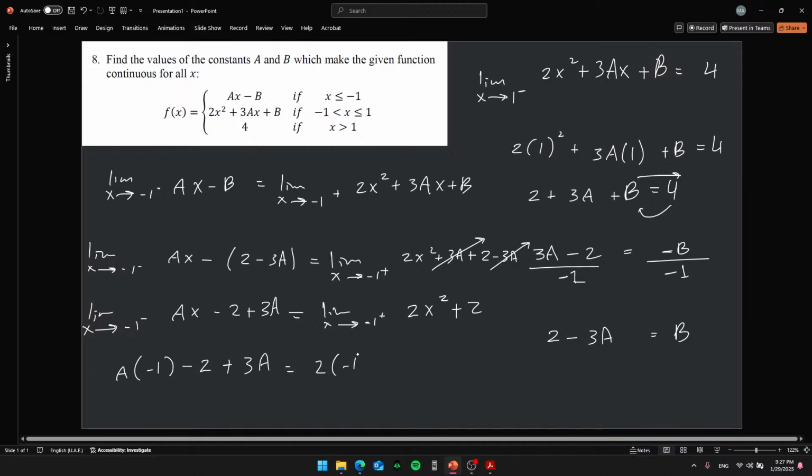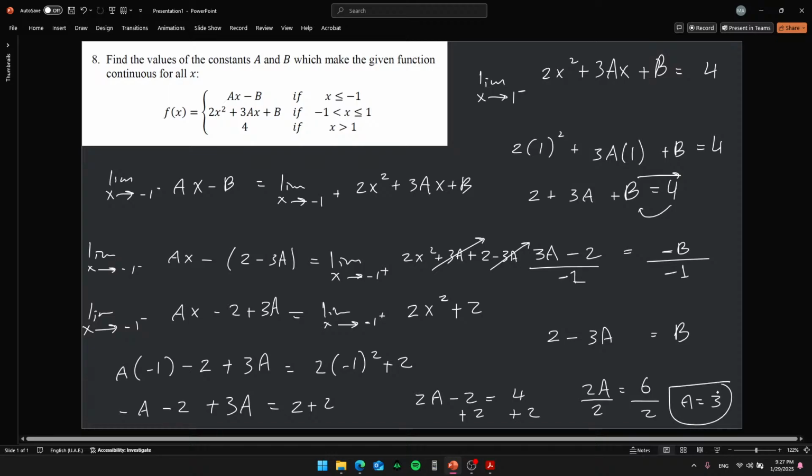Negative 1 squared plus 2, so it's negative a minus 2 plus 3a equals 2 plus 2, which is 4. So 3a minus a is 2a minus 2 equals 4, plus 2 plus 2, 2a equals 6, divide by 2, so a is equal to 3.